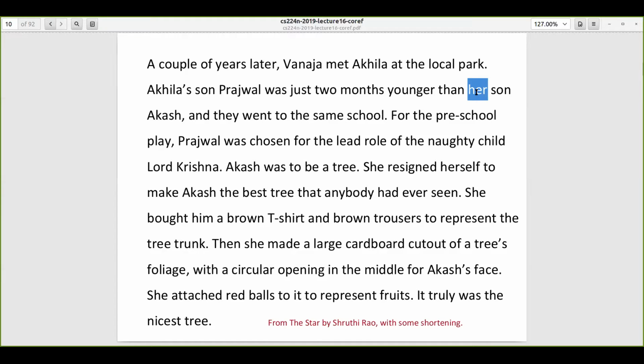So what does her refer to here? It is actually referring to Vanaja. So even for us, we have to go back and figure out who exactly the pronoun her is referring to here. While it seems like an easy task for us, for a machine or a computer it's not that trivial. We'll see in some of the examples why figuring out coreferences is a really hard task.